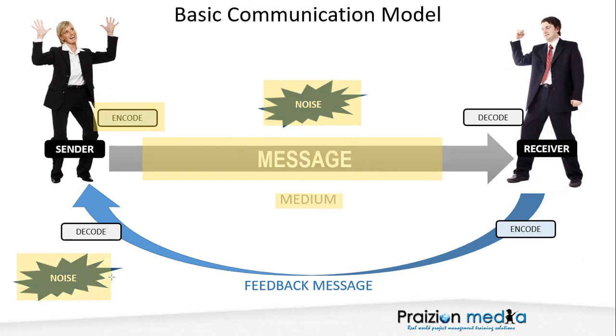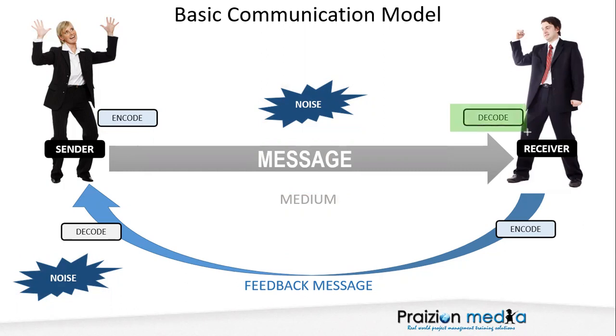It is important that when you are crafting the message, when you are encoding, you encode the message in such a way that it will pass through the medium with the bare minimum of noise affecting it. If you know what noise could affect the message, then you need to encode it in such a way that it will pass right through the medium with as little obstruction as possible, so that when it gets to the receiver, they will hear and decode the message, translating what has been said into an idea.